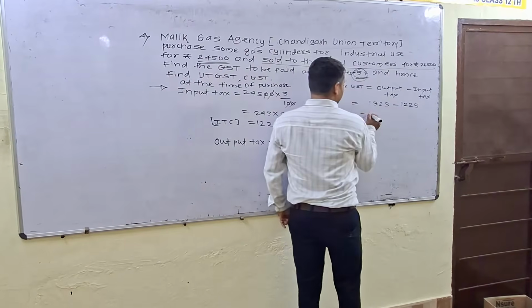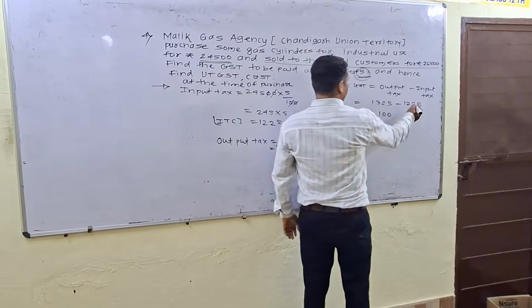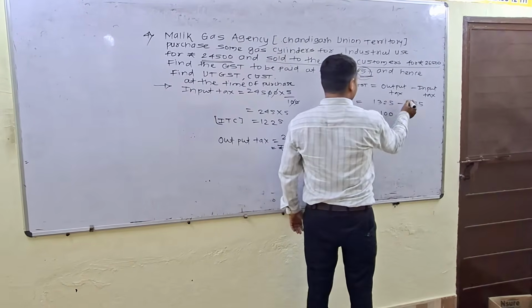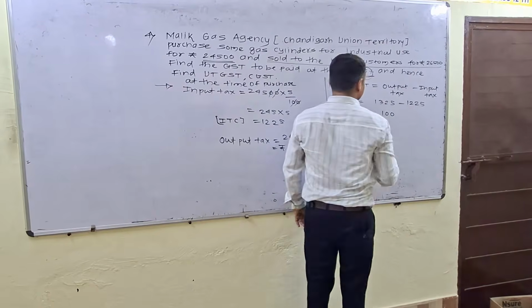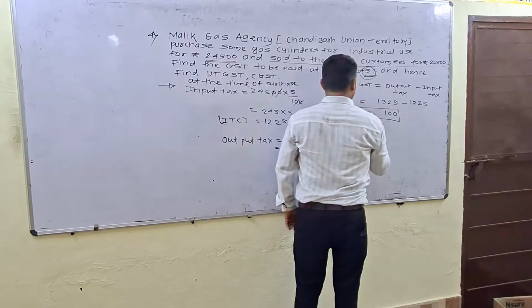How much remains? 5 minus 5 is 0, 2 minus 2 is 0, 3 minus 2 is 1, 1 minus 1 is 0. So 100 rupees remain. Payable GST is 100 rupees.